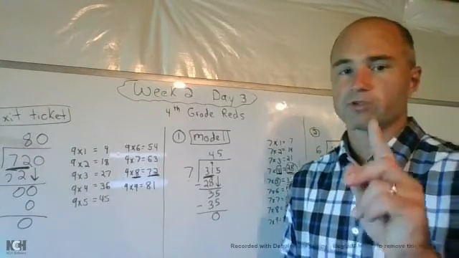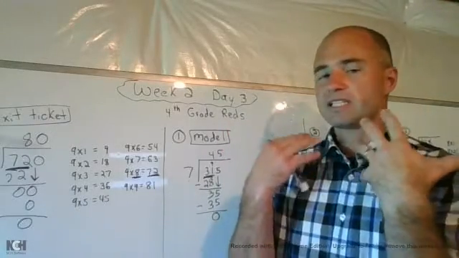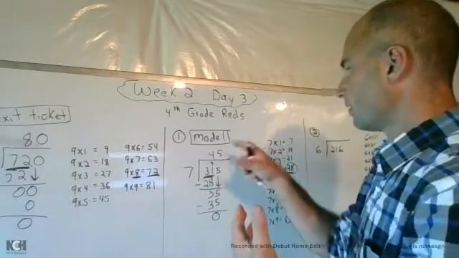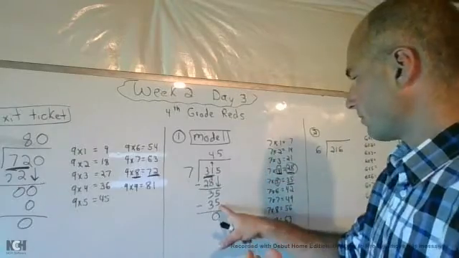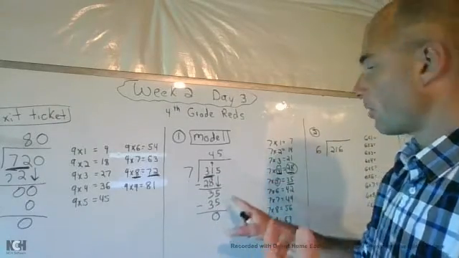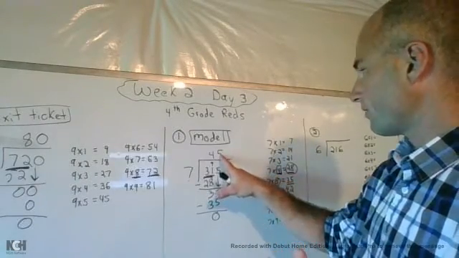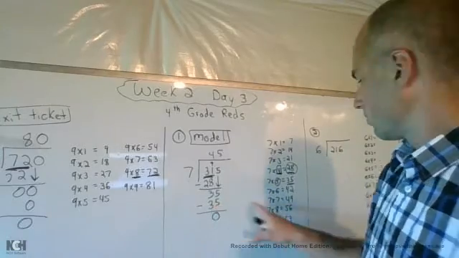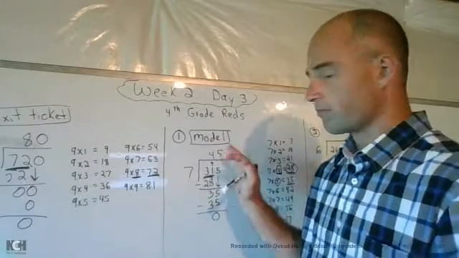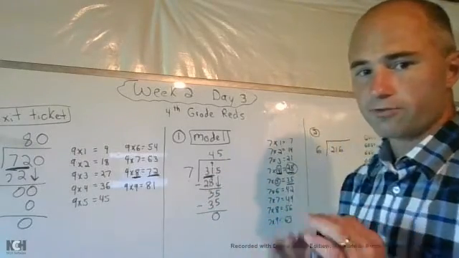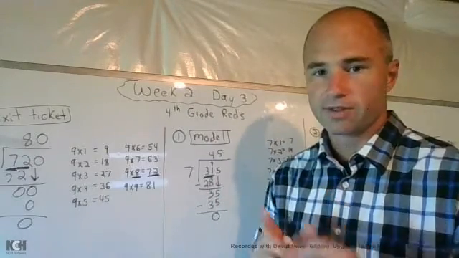Possible things to look out for, which is why it's so important to review and even say it out loud. 5 times 7 equals 35. Yep, I got that right there. Whereas if I put a 7 here, 7 times 7 equals 49. Wait a second, that doesn't make sense. You would have caught yourself and would have fixed that. So it is also very important that you complete the whole problem until the end. A couple things to think about there.